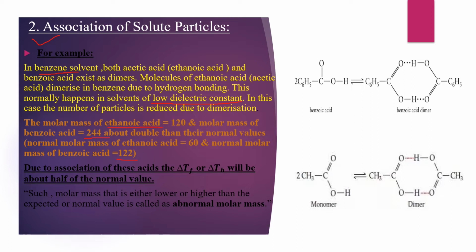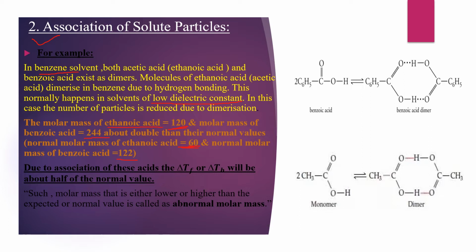Normal value of molar mass of ethanoic acid is 60, but as it dimerizes in a covalent solvent, the molar mass of ethanoic acid becomes double. It will be equal to 120. Similarly for benzoic acid, which is also a non-polar compound.